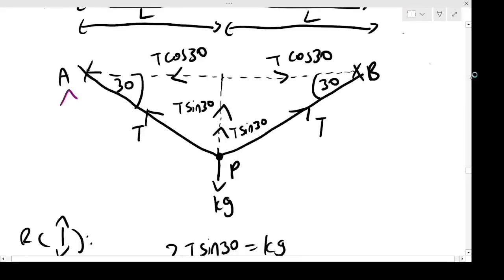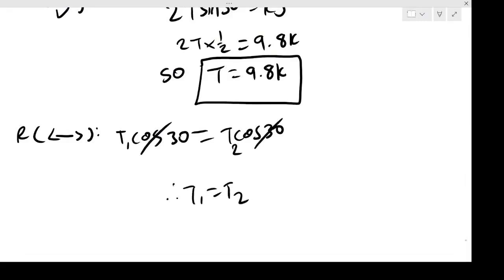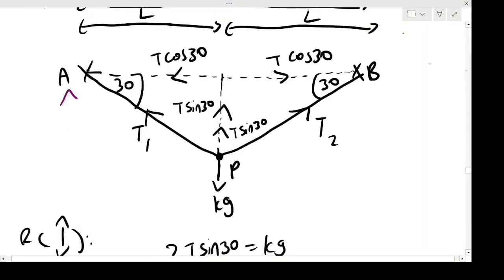Also, if you were a bit unsure about the tensions being equal on the left and the right, if I called this T1 and T2, then with this equation, we would say T1 cos 30 is T2 cos 30. Well, the cos 30s will cancel to get T1 equals T2. So hopefully you can see here that indeed the tensions on the left and the right side must be equal. Okay.